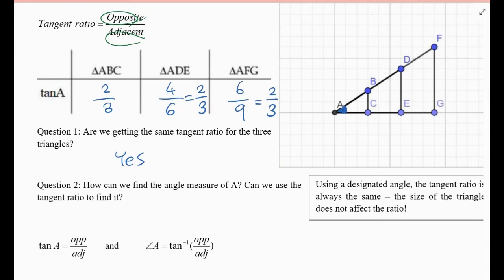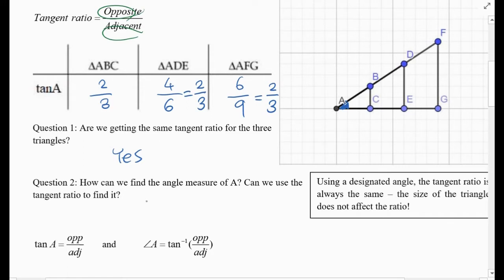Okay, so question 2. How can we find the angle measure of A? We don't know the angle measure of A. Can we use the tangent ratio to find it? Yes, we can. We don't know how many degrees this is. So tangent of the angle measure should be 2/3.